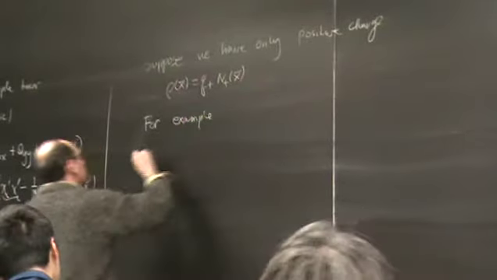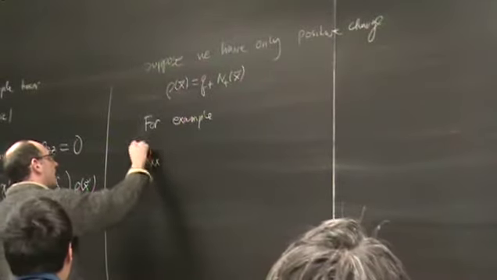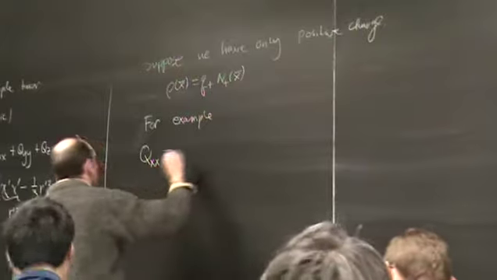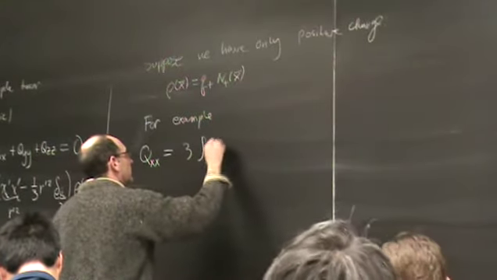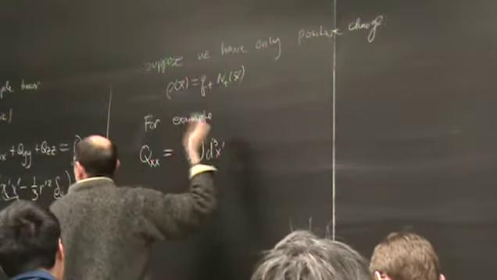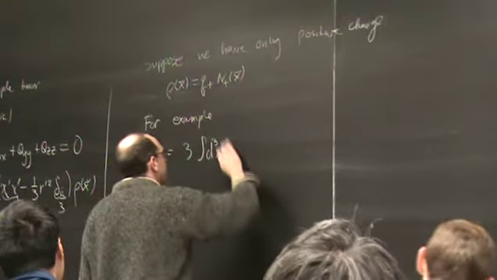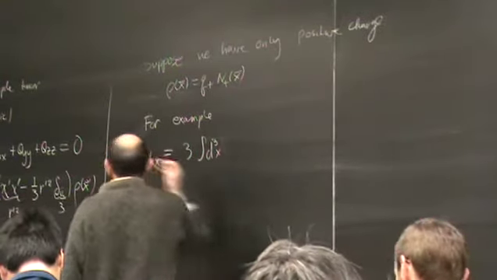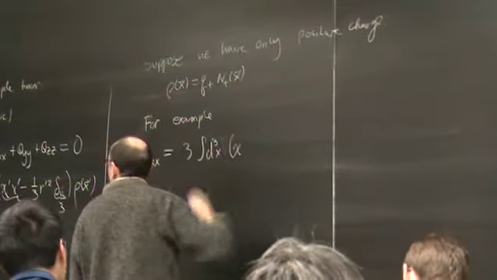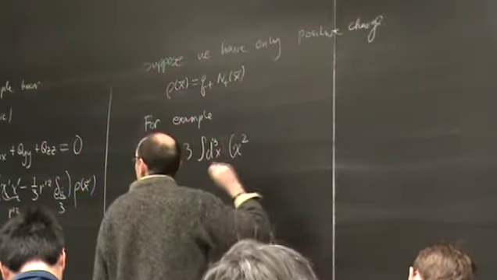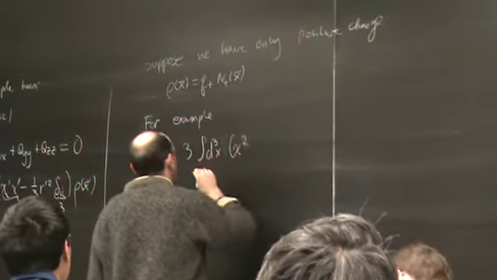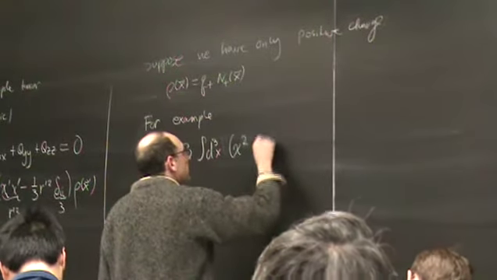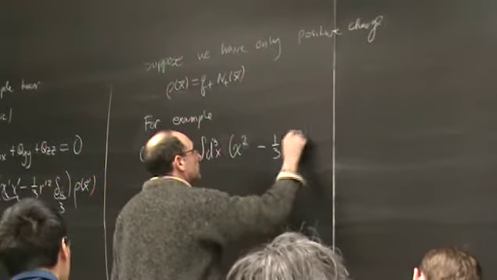So my Qij, let's consider, for example, the moment component Qxx. So that's 3 integral over x primes. Since I only have primes, I'm going to get rid of the prime. It doesn't matter. There's only one variable, I can call it whatever I like. So I have both i and j equal to 1. So this is equal to this.